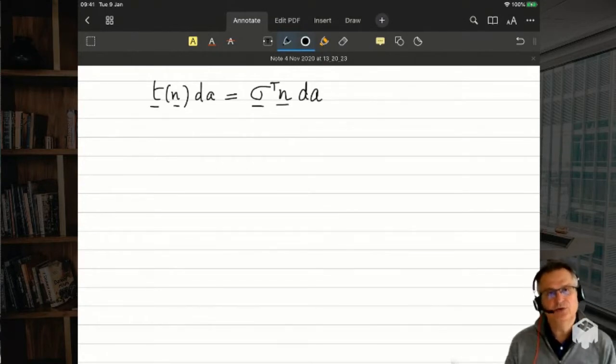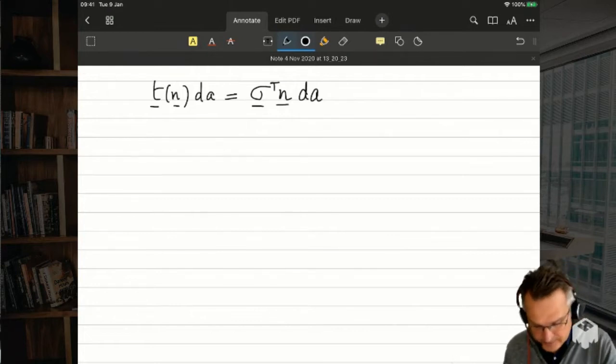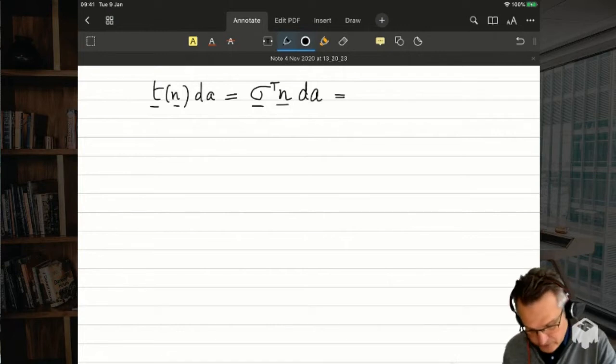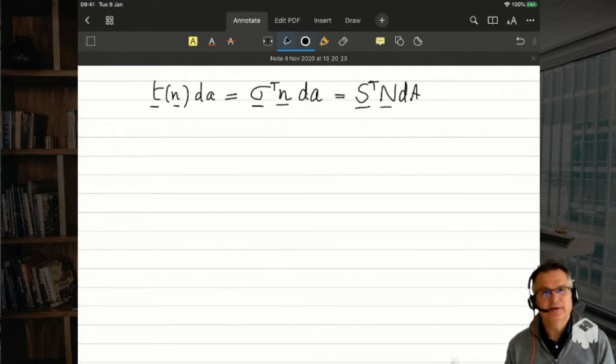And then if you write the conservation of angular momentum, you will find that sigma is equal to sigma transpose. The tensor is symmetric. And then we saw that this could also be written using Nanson's formula as follows: S n dA.